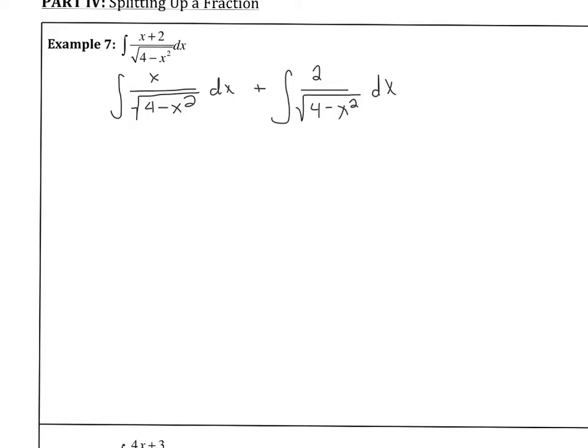Right? We're allowed to do that. We can say that 3 plus 1 over 5 is 3 over 5 plus 1 over 5, right? So now we basically handle each of these integrals separately.